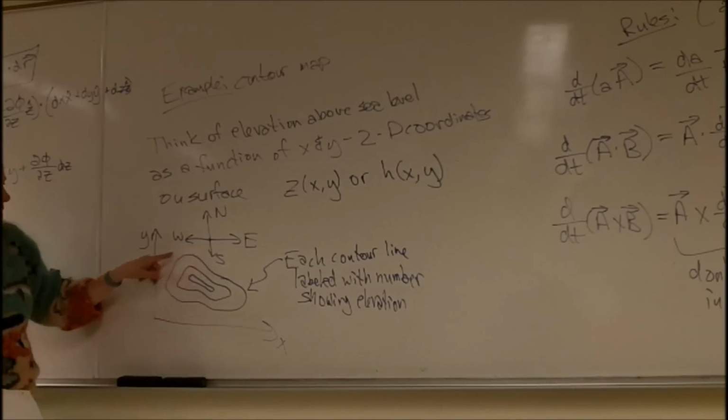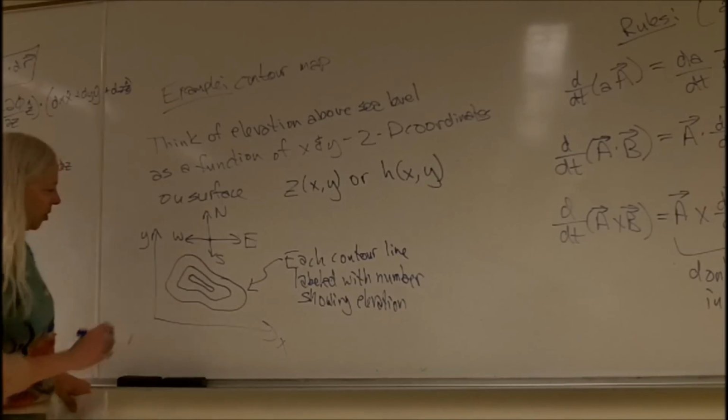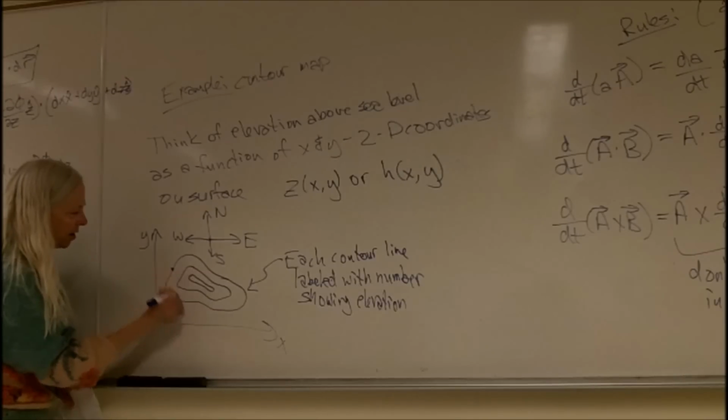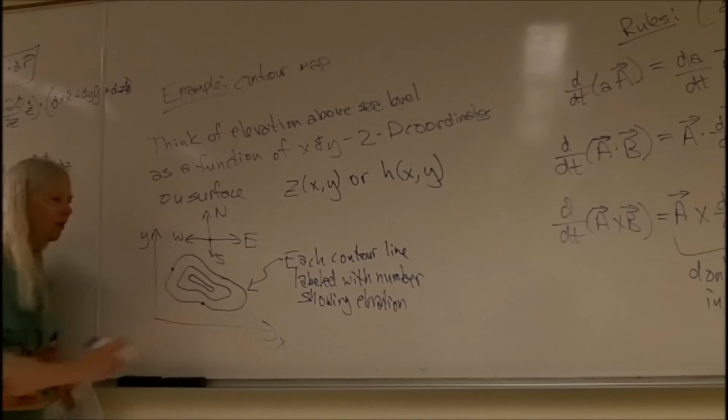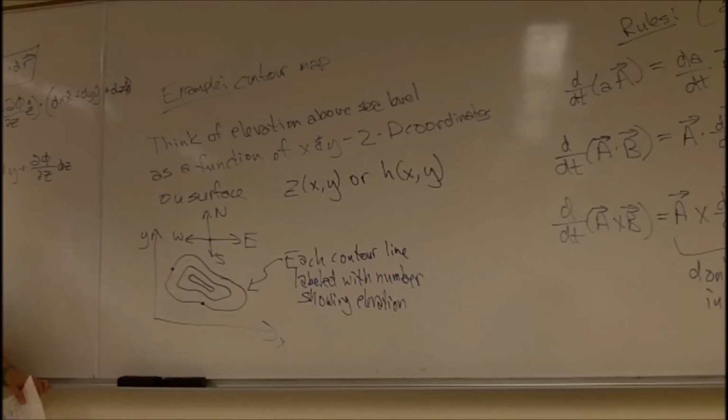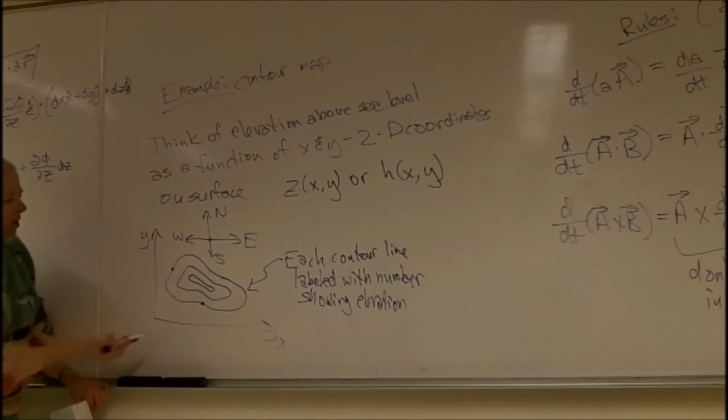Basically, all the points that are connected by the same curve, for example, at this point right here and this point right here, the elevation is the same at both of them. So you connect all points that have the same elevation by a line or a curve. And again, you can put a number on each curve showing you what the actual elevation is at that point. So something like this could designate a mountain.